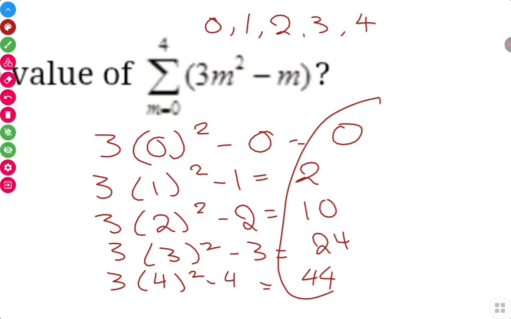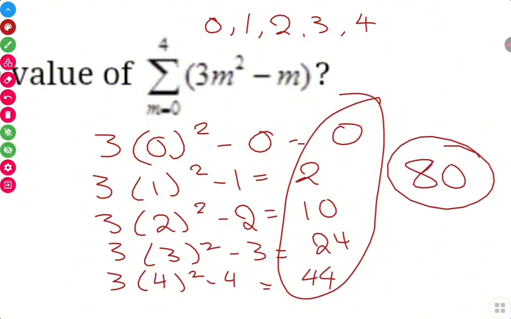So now we add up all the numbers. 0 plus 2 plus 10 plus 24 plus 44. Sigma is equal to 80.